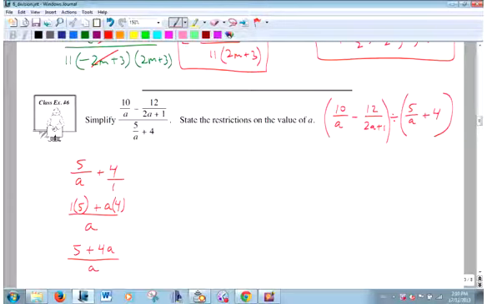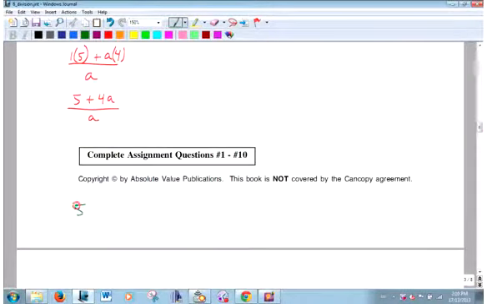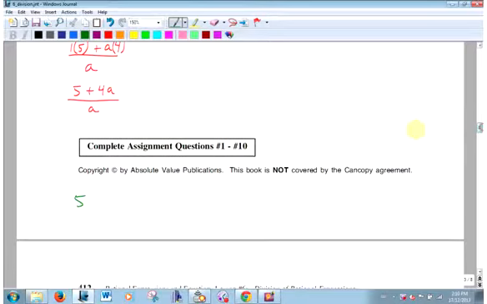Can I tell you another way to think about it? Let's go way down here. 5 over a plus 4. Can I multiply 4 by 1? Does that change it? No, I can multiply it by 1.